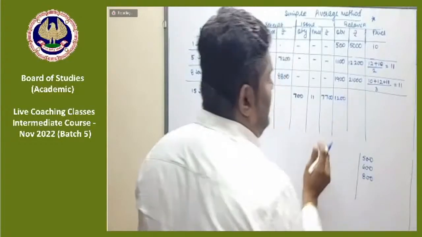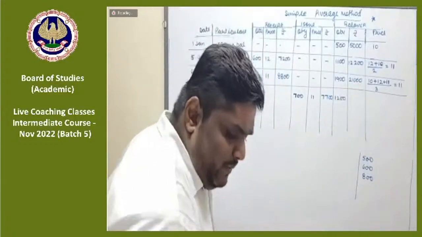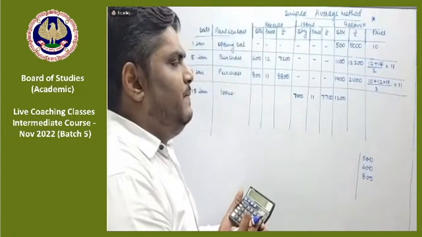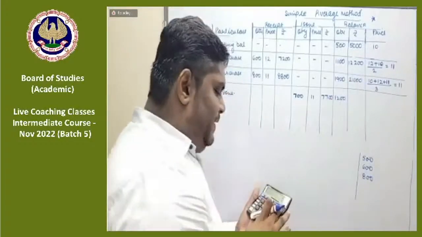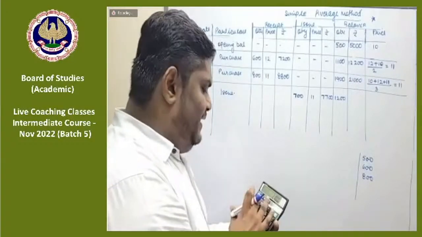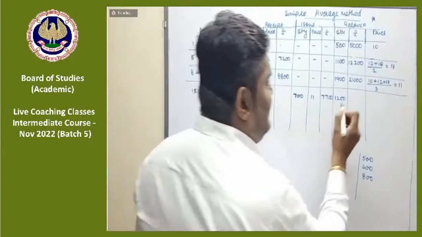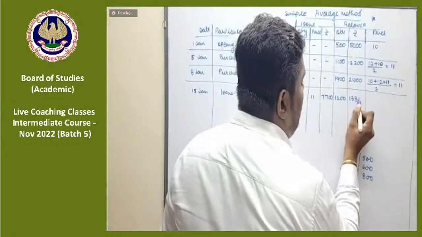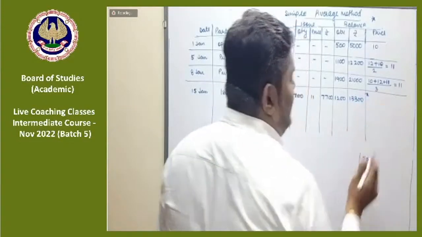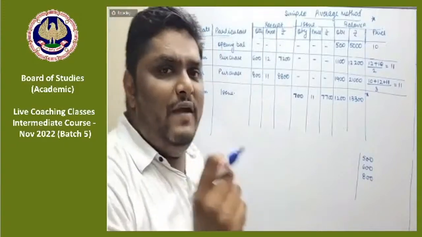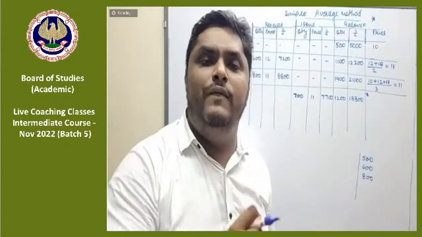This will be 1200. The amount approach will also be the same as discussed in the weighted average method, that is 21,000 minus 7,700, that is 13,300.